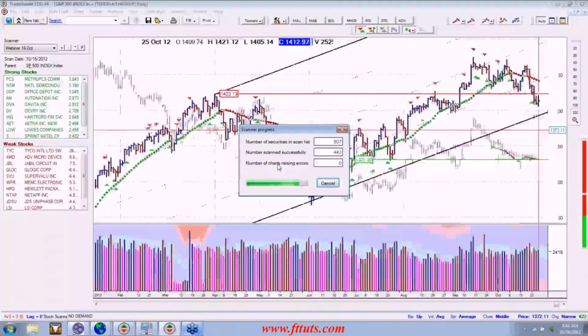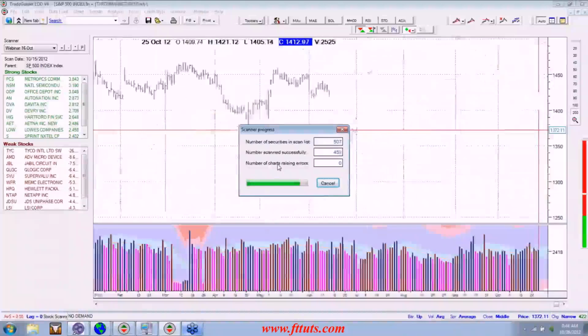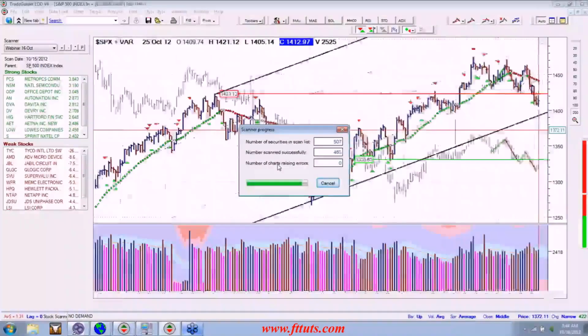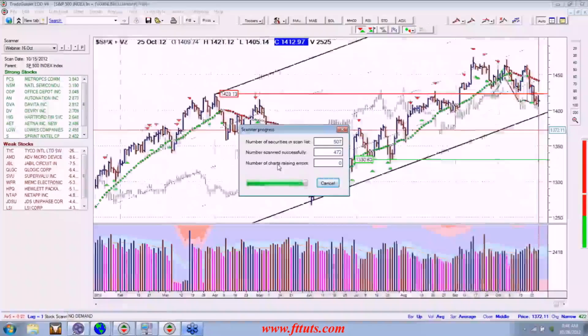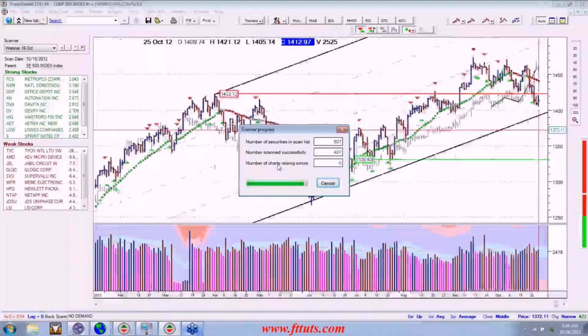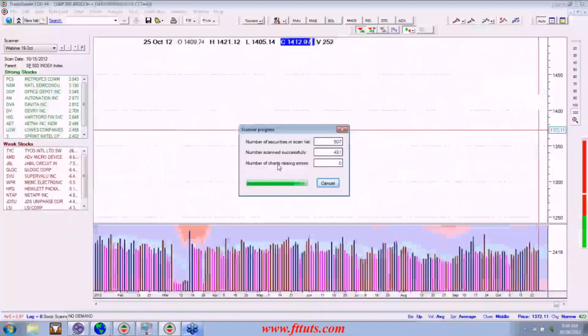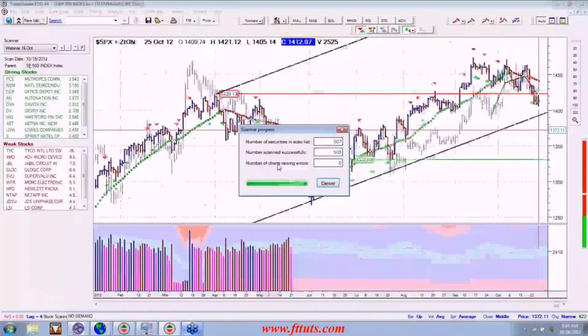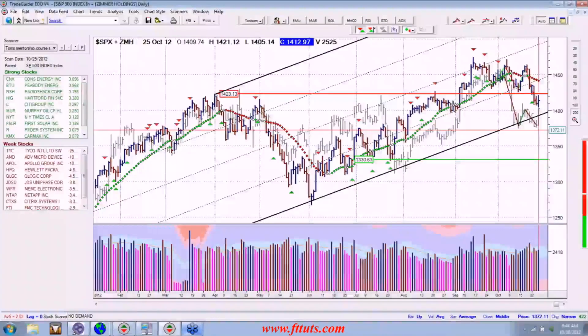Yes, I use the scanner, but because of ancient habits, I suppose, I take the selection and look at them personally, and I make sure they are in fact stronger than the index, and there's no massive volume. There's no high volume on up bars in the background, because that means there was supply in there.